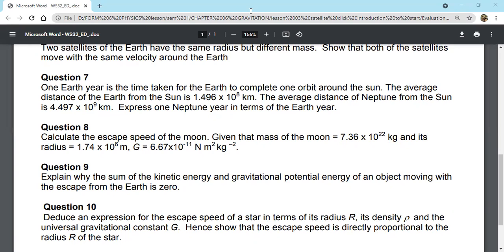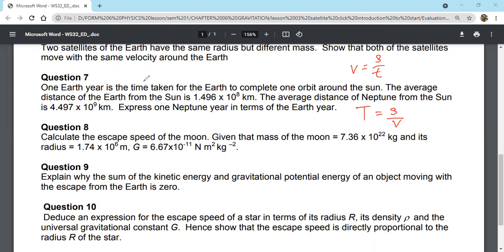As we know, v is equal to s over t, correct or not? So time is equal to s over v. It's the time taken to complete one orbit of the sun.